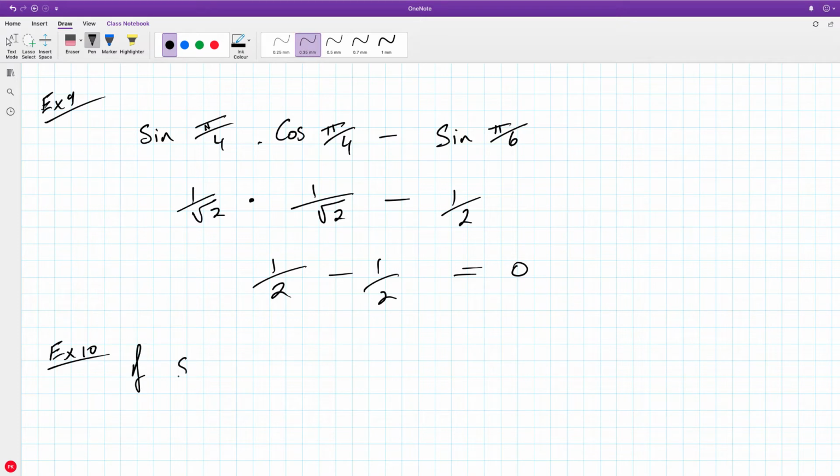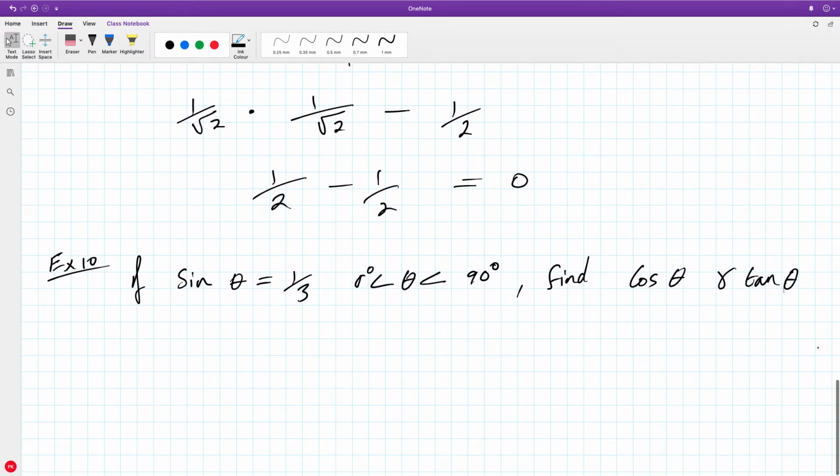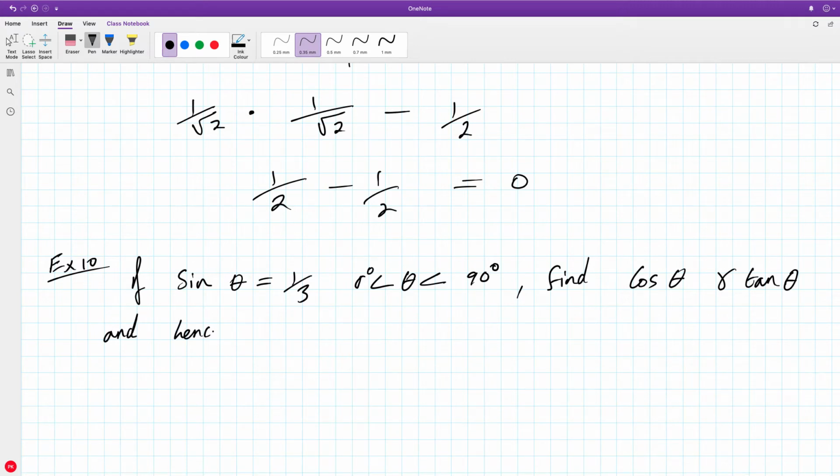So, if the sine of theta is equal to 1 over 3, where theta is an angle between 0 degrees and 90 degrees, I want you to find, first of all, cos theta, and then tan theta, and hence prove that cos squared theta plus sine squared theta equals 1.